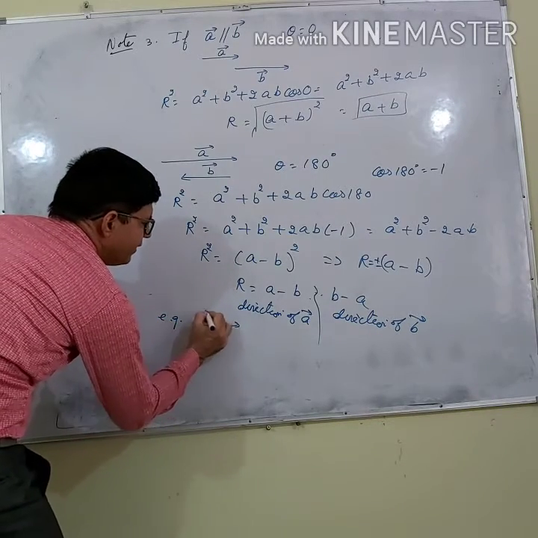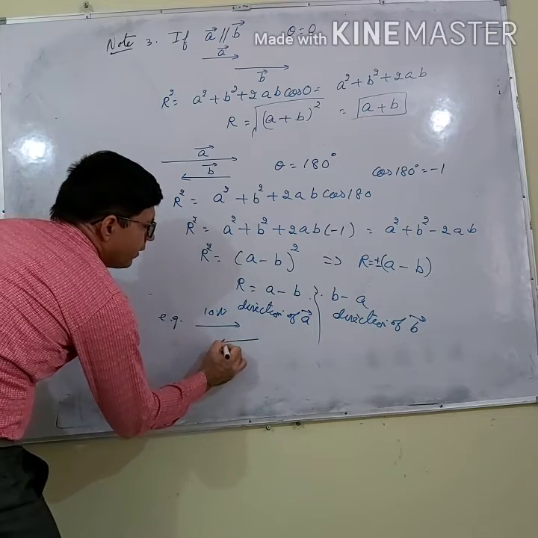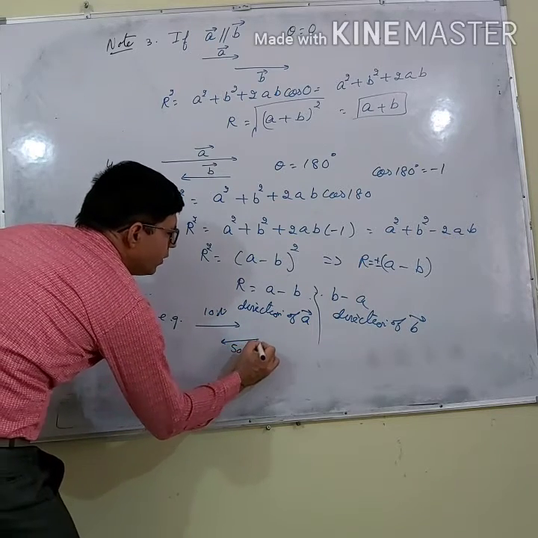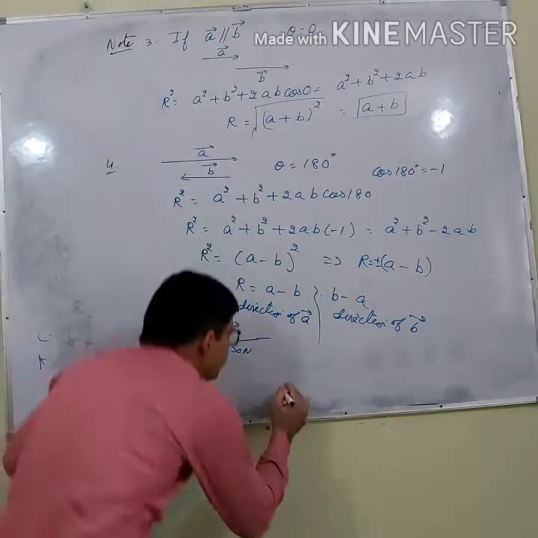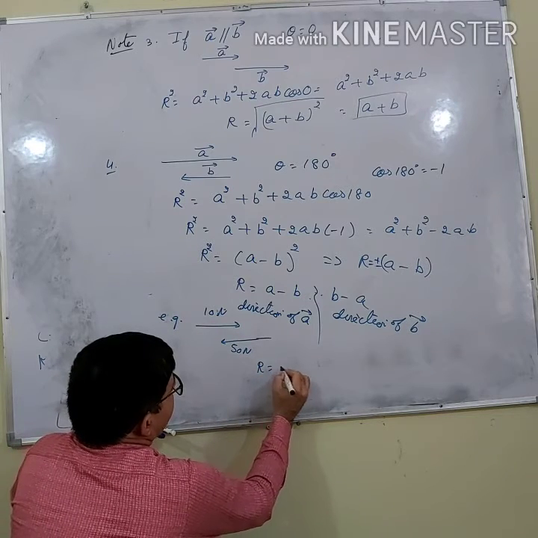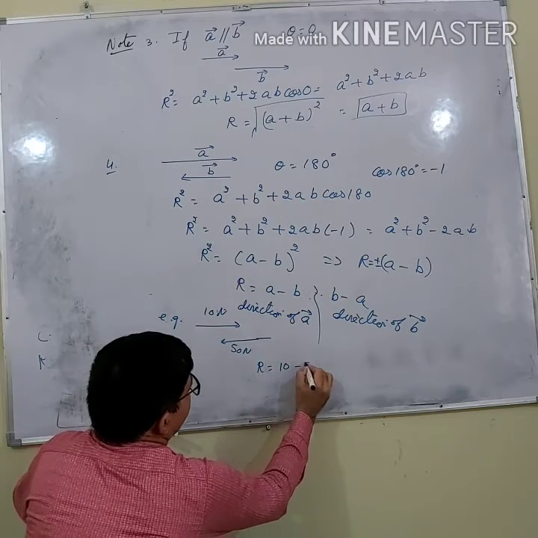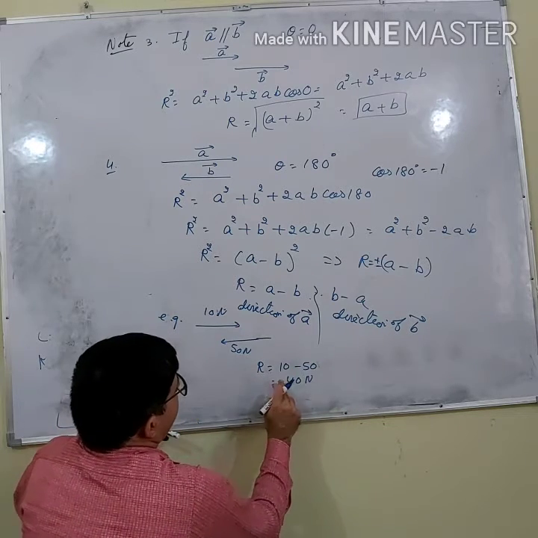For example, let me explain. If I say this is a 10 Newton force and this is a 50 Newton force, what will be the resultant? A is 10, so I can say R equals 10 minus 50, which is minus 40 Newton.